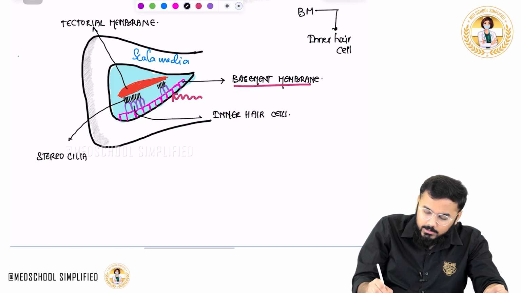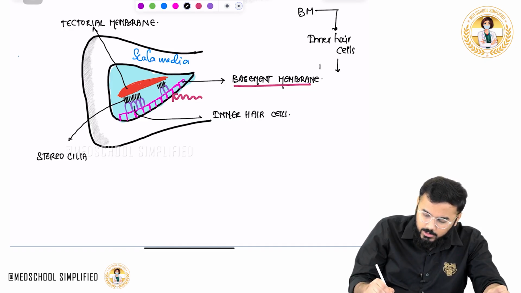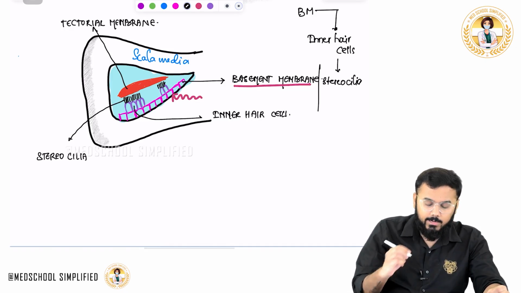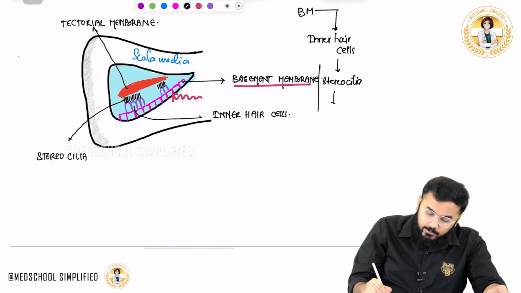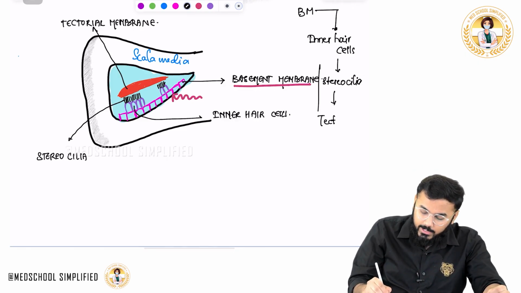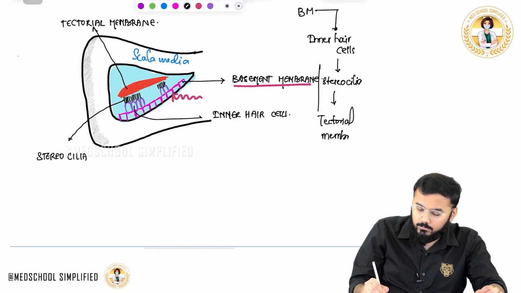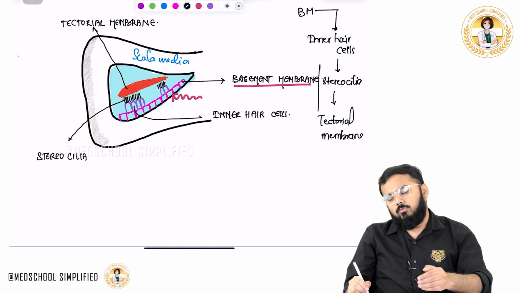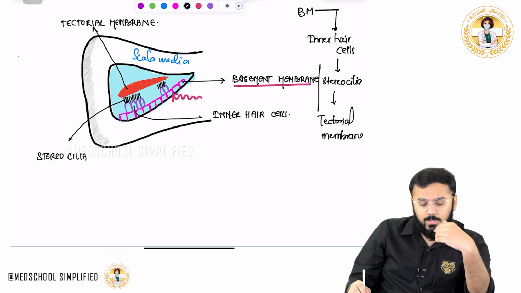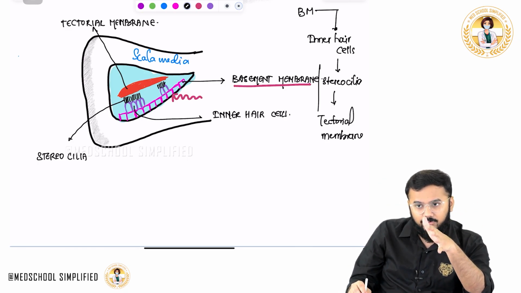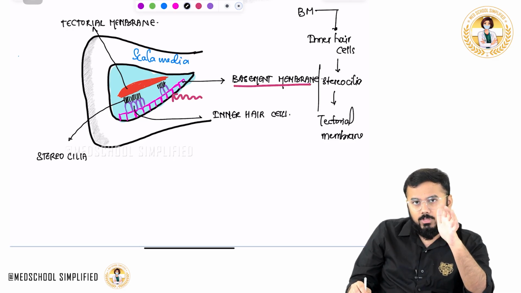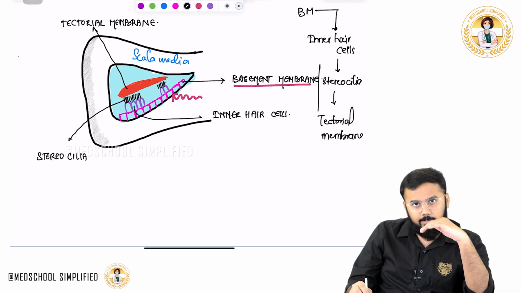From the inner hair cells, the vibrations are transferred to the stereocilia. And from the stereocilia, the vibrations are transferred to the tectorial membrane. So what are these vibrations called? These vibrations that are generated as the fluid is moving are called mechanical vibrations.